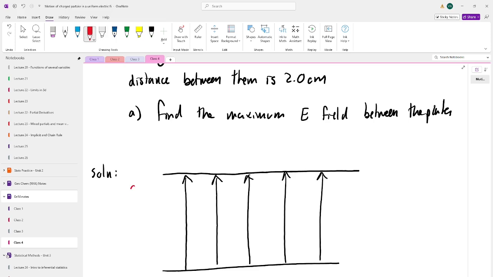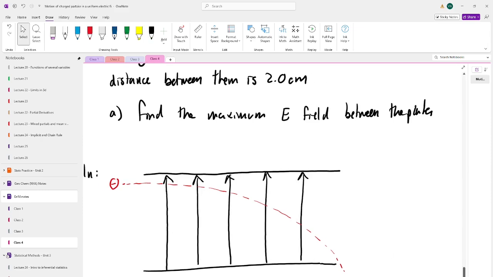So if I have an electron and I shoot it, let's say I shoot it like that, its motion will look like that. And it exits just after missing the bottom plate.